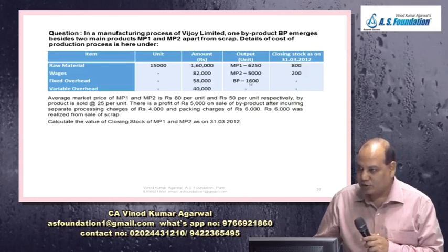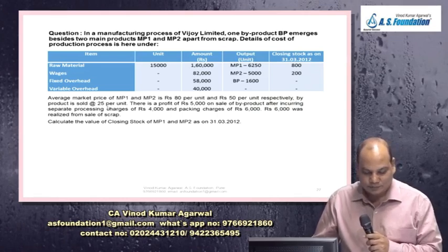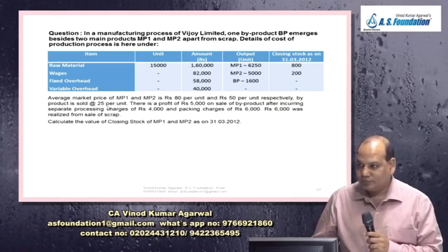Byproduct 1600 units into 25. Calculate 1600 into 25. 40,000.